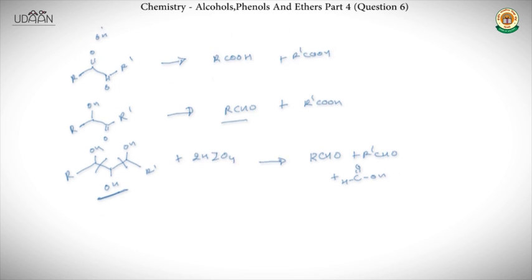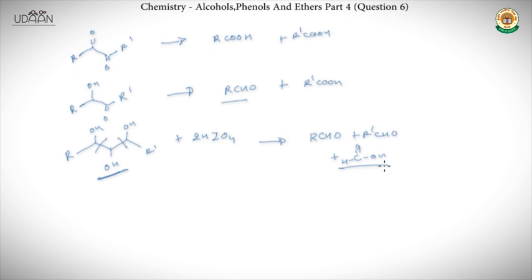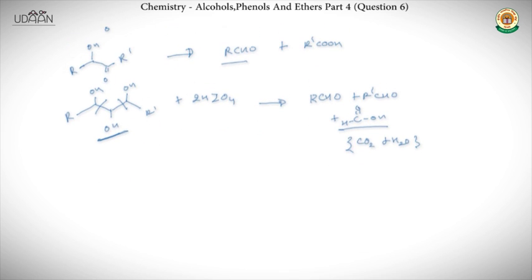And if the conditions are warm, we know that methanoic acid doesn't exist. It exists then as CO2 and H2O, because methanoic acid decomposes to form CO2 and H2O.